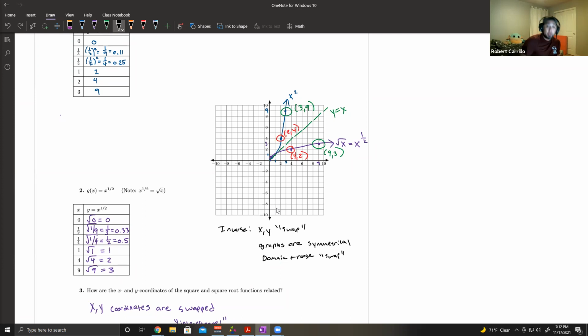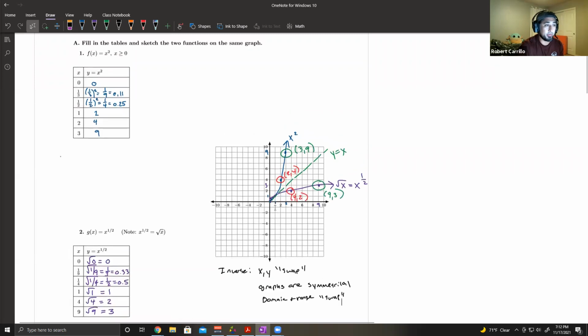So those are the three things we know about inverses. One, if they are true inverses, your x and y coordinates will swap. Your graphs will be symmetrical about the line y equals x, and your domain and range will also swap.